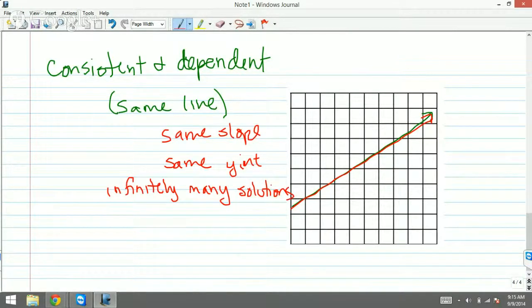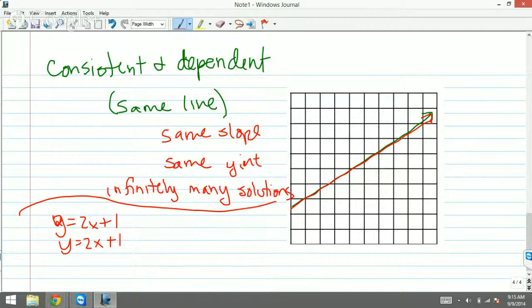What might this look like algebraically? Let's say y equals 2x plus 1, and it won't be this easy. What if I subtracted those two?